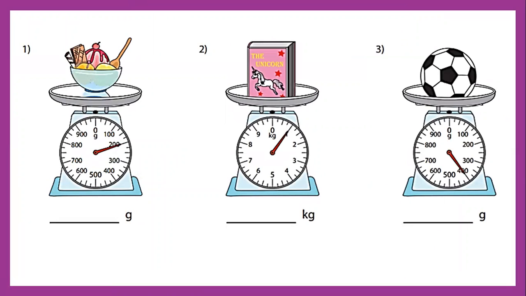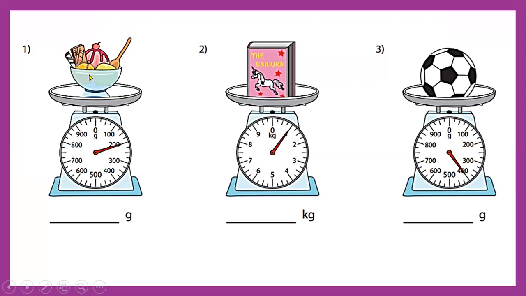Now we have different scales. We have analog scales, and you have to read the scale, how many grams, of this ice cream, a unicorn and a football.